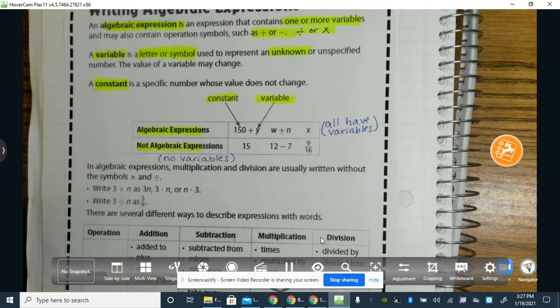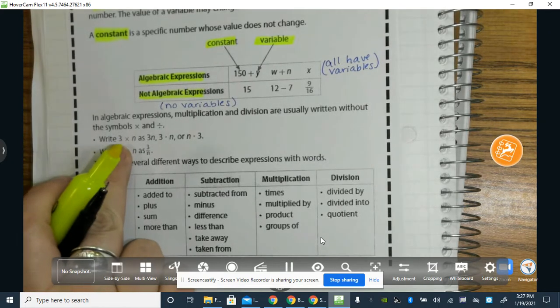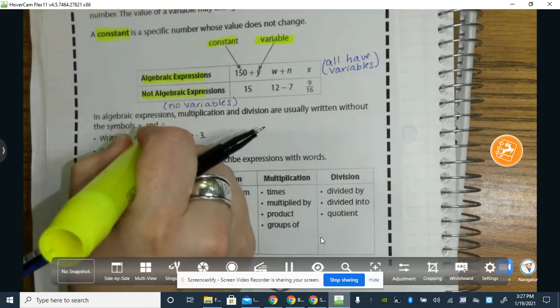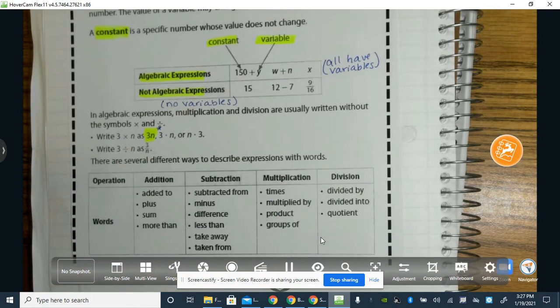Now, when we talk about our algebraic expressions, adding and subtracting are the same way that we've been doing it, you see the same symbols. However, with multiplying and dividing, there is a difference. When we multiply, we don't use the X anymore. What you will be seeing most often is a letter next to the number that's being multiplied by. So highlight it, star it, memorize it.